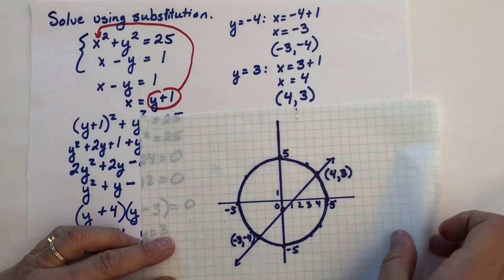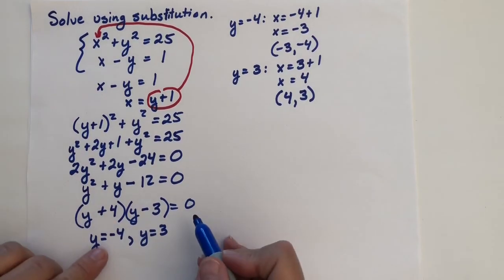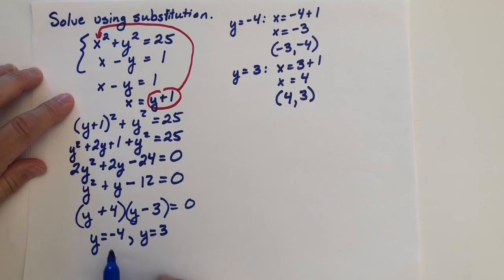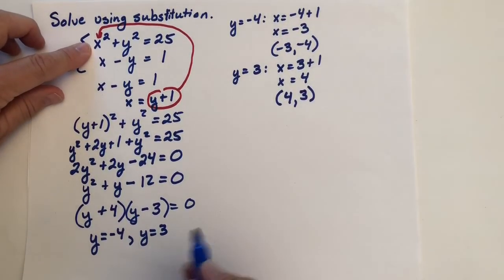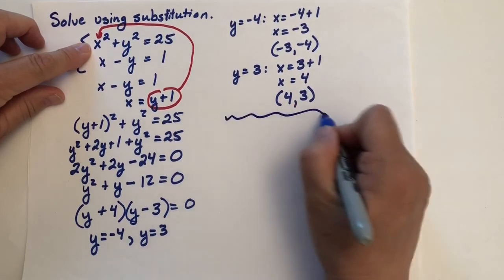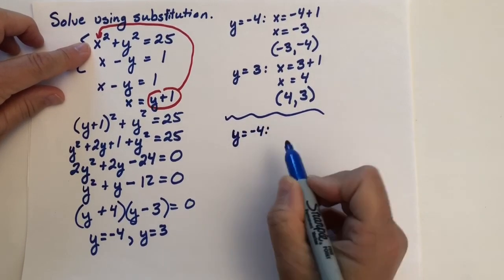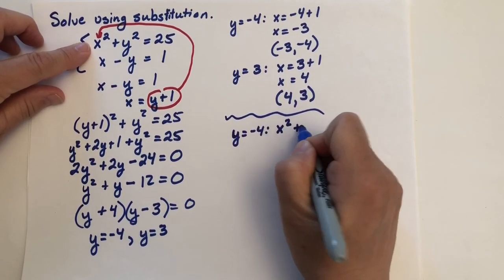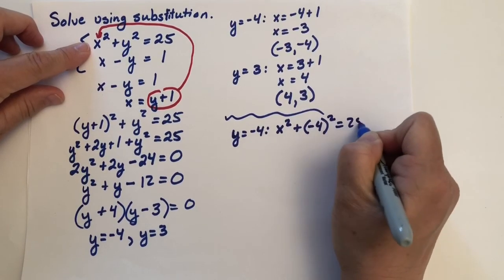Now let me talk about this for a moment. The fact is that we substituted negative 4 into this linear equation. What if we had substituted negative 4 into the first equation? So let's come back here and substitute y equals negative 4 into the first equation. So we have x squared plus negative 4 squared equals 25.